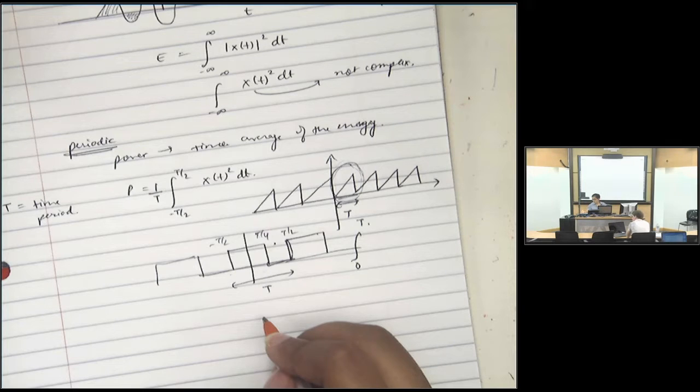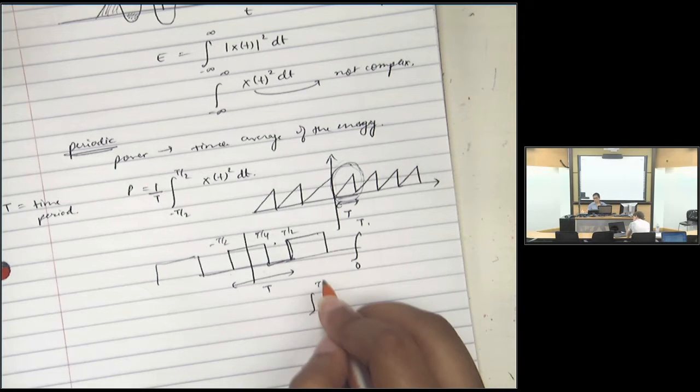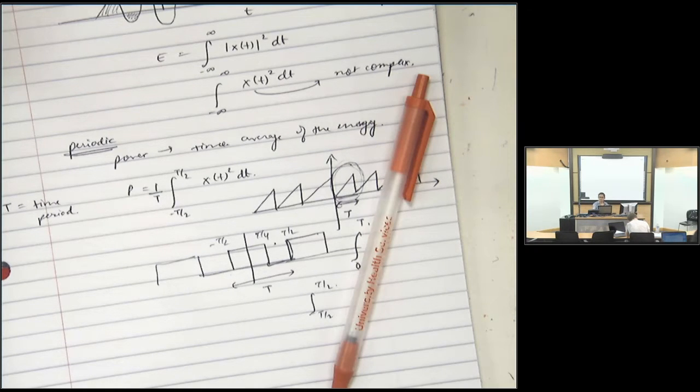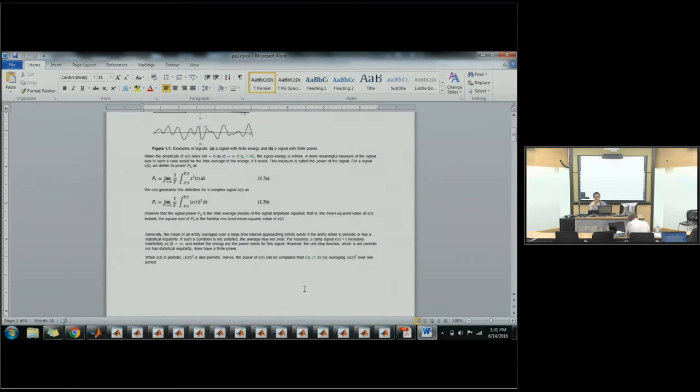So now you'll integrate from minus T by 2 to T by 2. Just remember that you're integrating over one period of it. The limits don't matter that much.